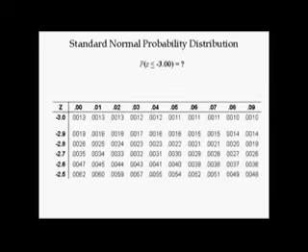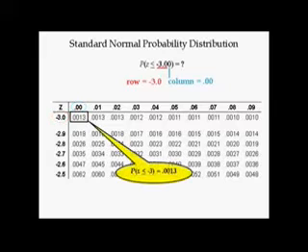To compute the probability that z is less than or equal to negative 3, go to row negative 3.0 in the standard normal table that is on the inside of most statistics textbooks, and then go to column 0.00. The intersection of row negative 3.0 and column 0.00 is 0.0013. Thus, the probability that z is less than or equal to negative 3 is equal to 0.0013.